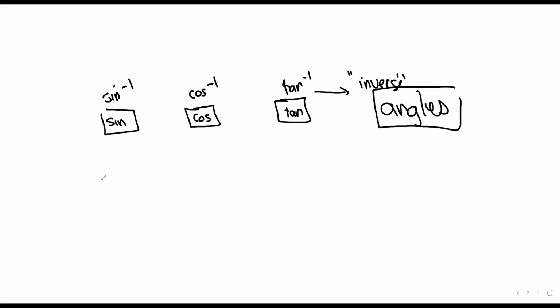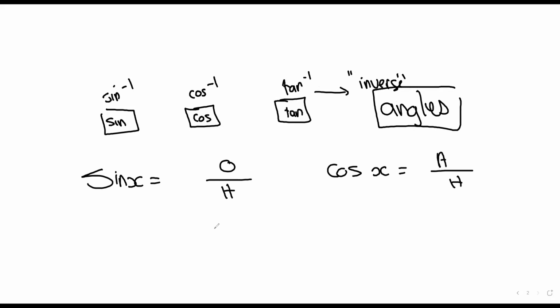To calculate angles, what changes are we going to make to our rules? Very, very small change. The rules are sine O over H, cosine A over H, and then you have the tan of the angle, which is O over A. If you wish to put brackets, you need to put brackets around the angles. Now, the idea here is I don't want to calculate the sine of the angle.